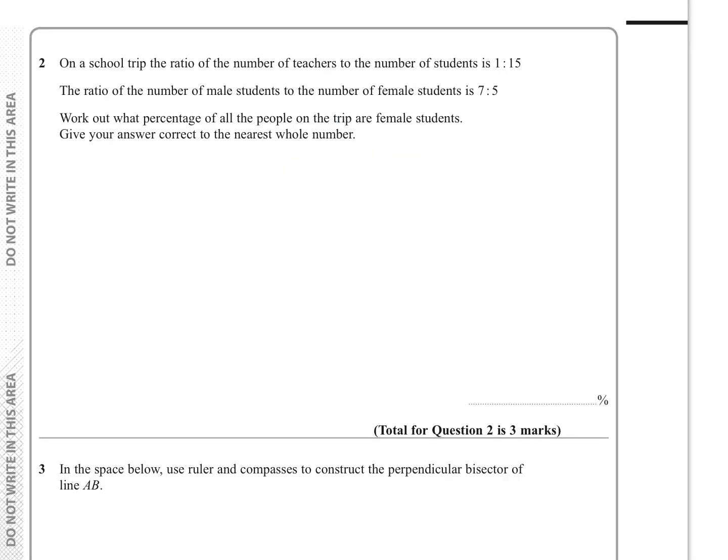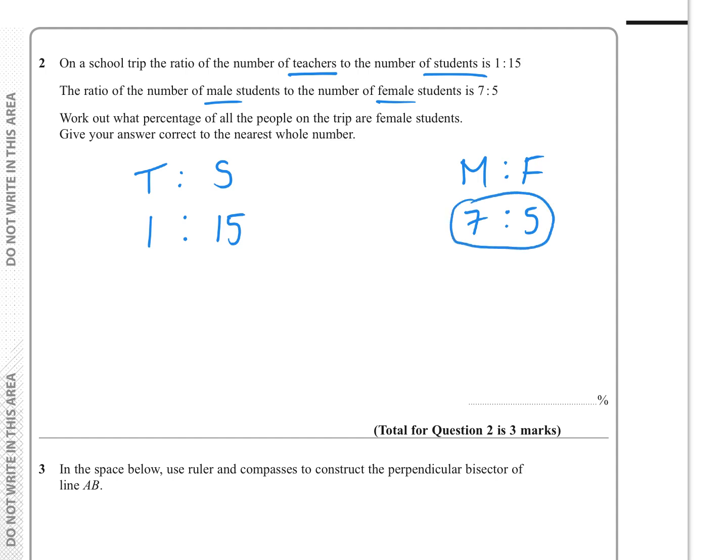Question 2, I think a bit of a tricky question. So teachers to students, the ratio is 1 to 15. And then it says the number of male to female students, this is, not teachers, is 7 to 5. But I think what we've got to do is play around with these ratios until these make sense to each other, i.e. we've got to try and make it so these parts for males and females add up to give us the number here.